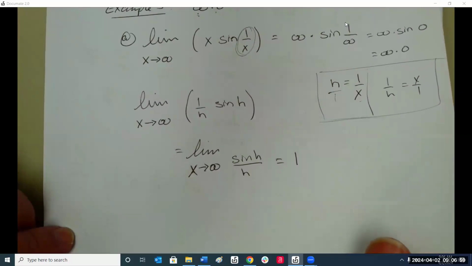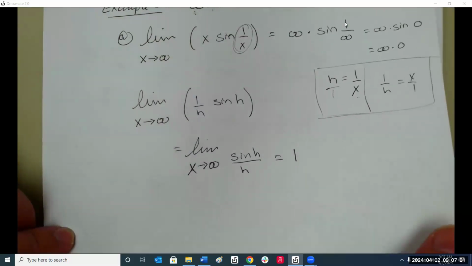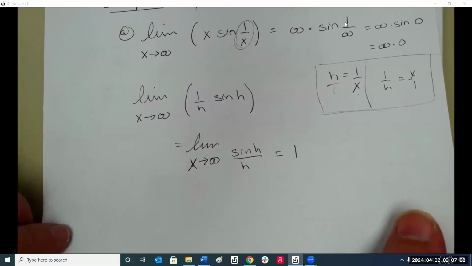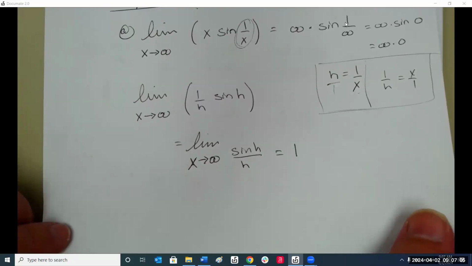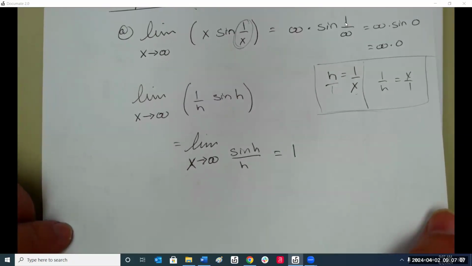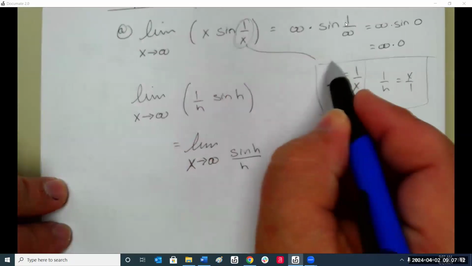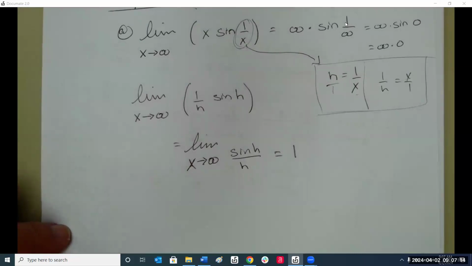Let's look at B. Right, we got this? Because I'm saying that I'm substituting that h is 1 over x.